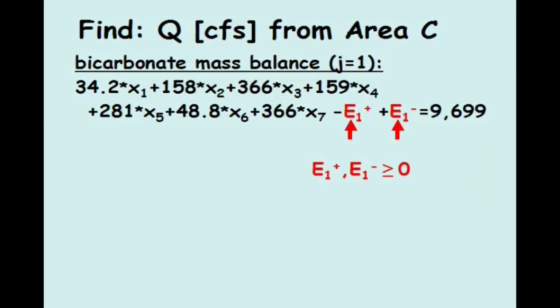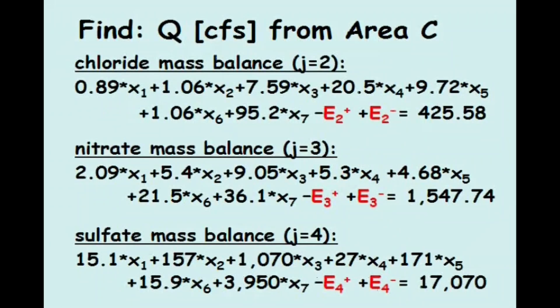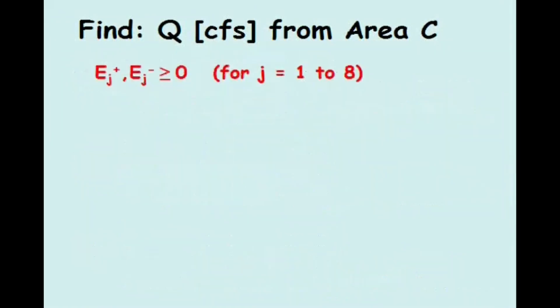The error variables are added to the remaining ion balance constraints as well, as shown here for the chloride, nitrate, and sulfate constraints. All error variables, EJ plus and EJ minus, shall be non-negative.